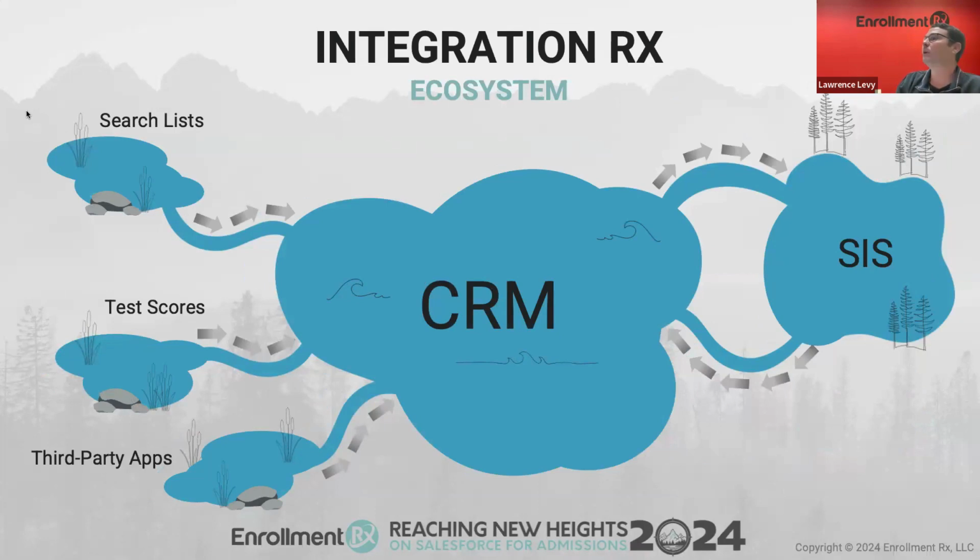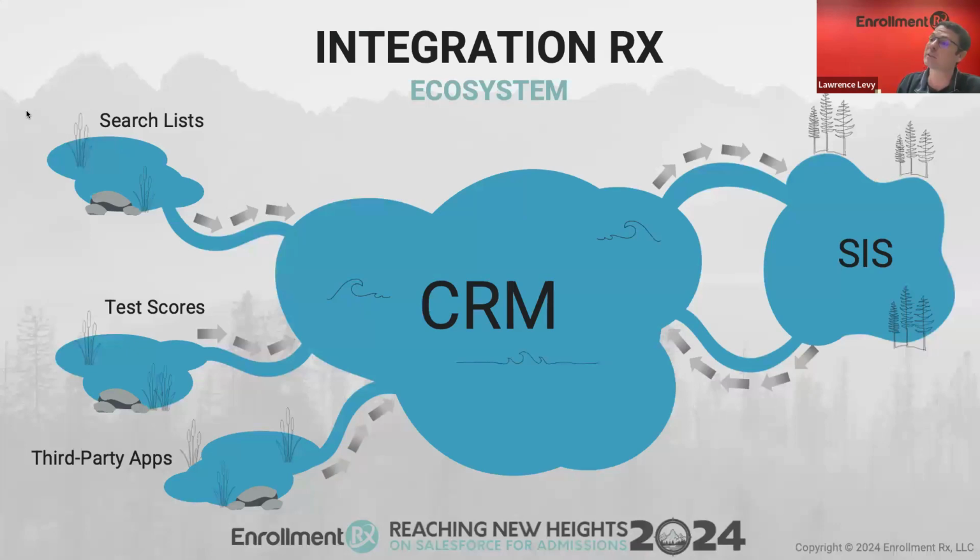So we normally would explain to any college or university that in our opinion, the recruitment and admissions staff should never actually need to log into the student information system to even do their jobs. Why are they logging into the SIS to process applications and make decisions on applications? We think that all of that activity should actually occur in the CRM system.